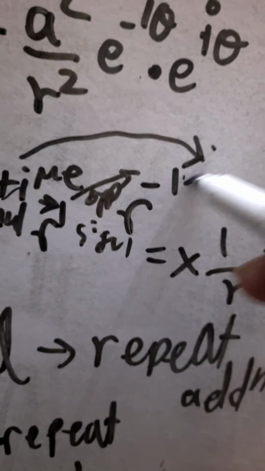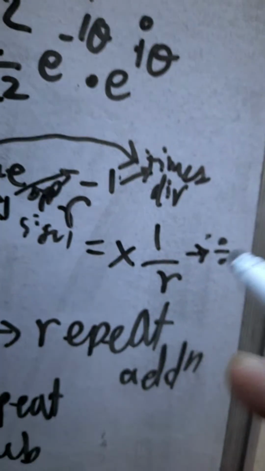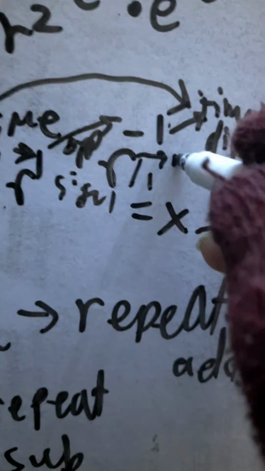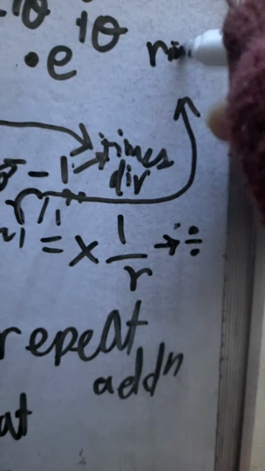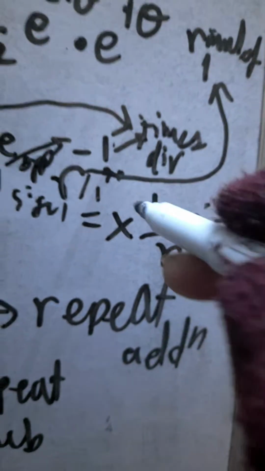Now what is multiplication's opposite? Division. So it is the amount of times it is divided. When it's divided, I can write division like I'm taking r multiples of 1, okay?